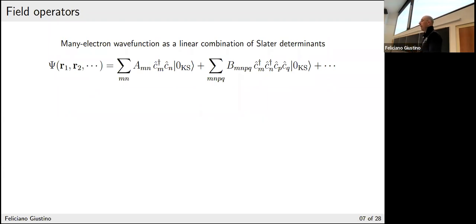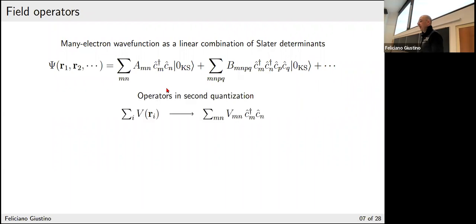So let me show you the key advantage to this. This is an exercise that you find in any quantum mechanics textbook. It's usually the first chapter on second quantization. One can prove that if you have a potential, for example, acting on all the electrons separately, imagine an external electric field, you would have a term for each electron.